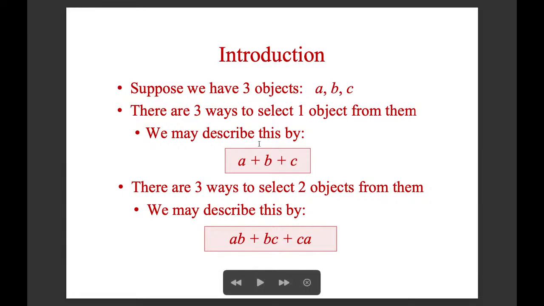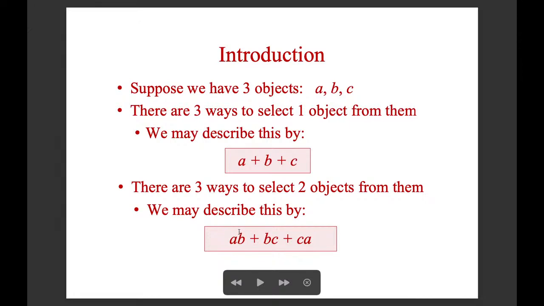So we can use A plus B plus C to describe the three ways to select exactly one object from them. Similarly, if we want to describe three ways to select two objects from them, then we can use the expression AB plus BC plus CA.